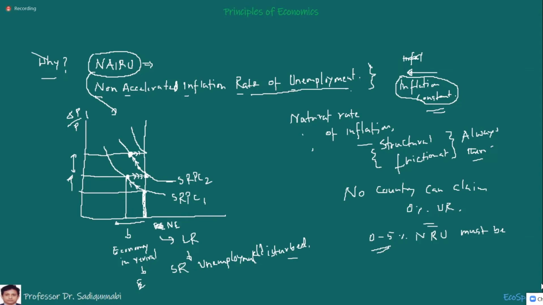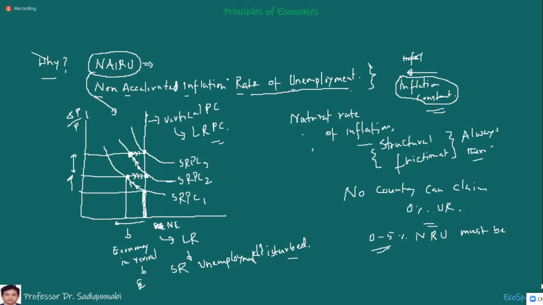Again SRPC2, SRPC3, the economy is moving here. So we have got 3 points, and subsequently for SRPC4 and 5, we are getting some points, and if we add all the points, we can get a vertical Phillips curve, and this vertical Phillips curve is called the long run Phillips curve.